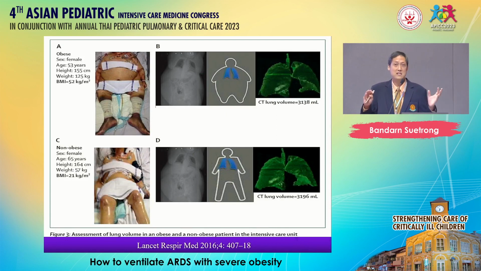But what number of tidal volume should be used? If we look at two figures of two ladies, the upper lady has a weight of approximately 125 kilos, and the second lady has a weight of only 27 kilos. If we perform a CT scan to measure the lung volume of the two ladies, we will find that the lung volume is approximately the same, even though the weight is quite different.